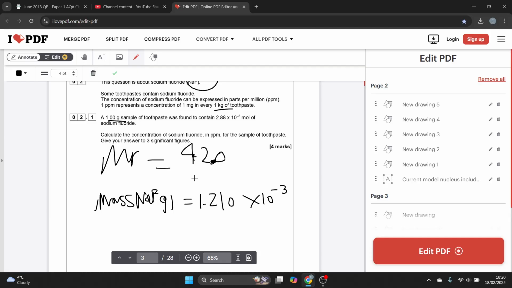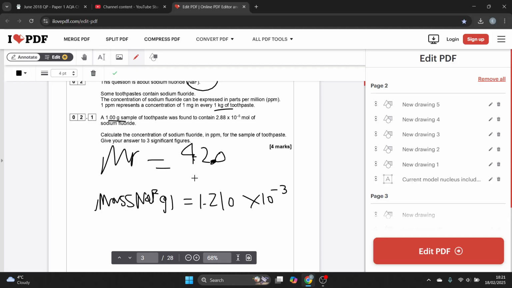Kilograms to grams is what? Grams to kilograms, I'm times by 1000, and kilograms to grams, I'm dividing by 1000, yeah.